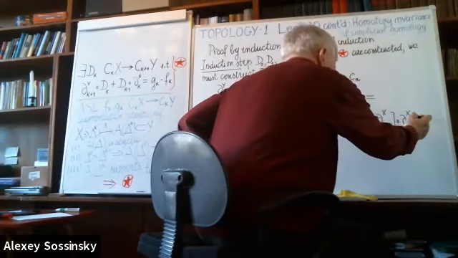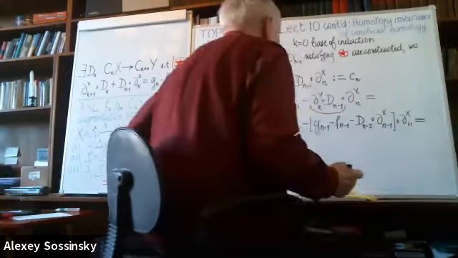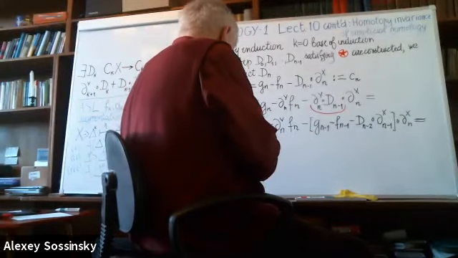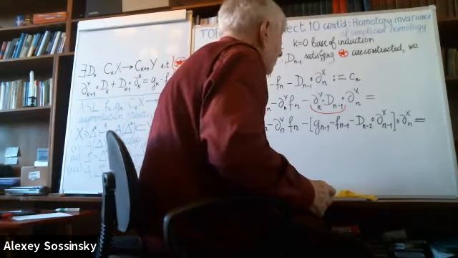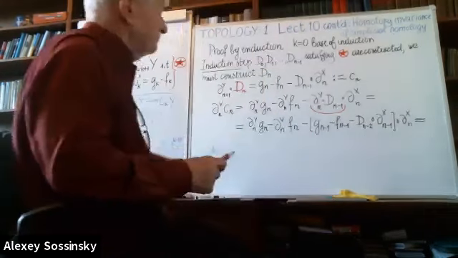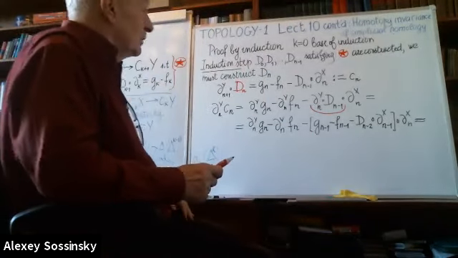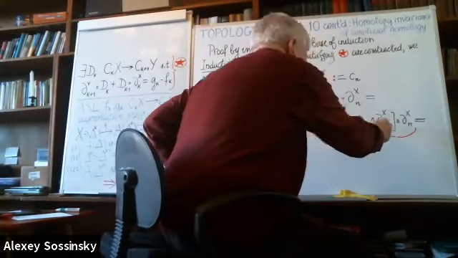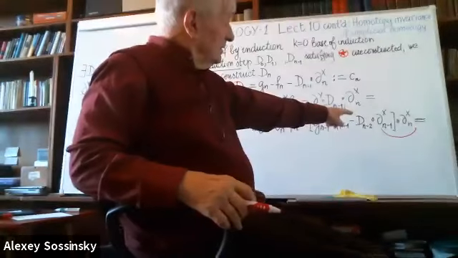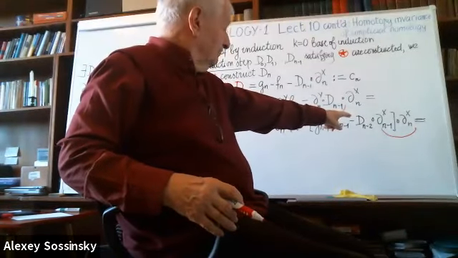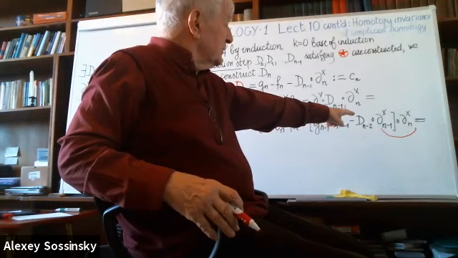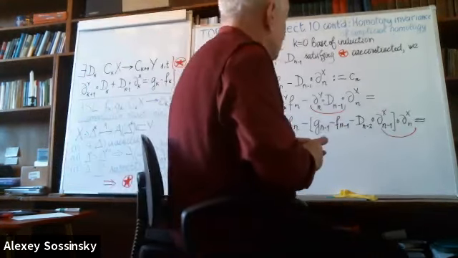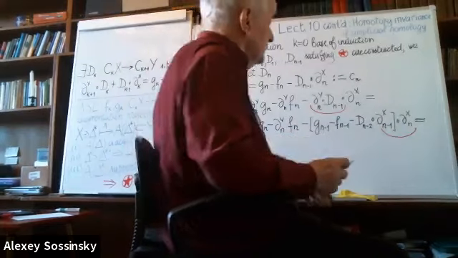And now let us look at what's happening here. Well, first of all, we have the composition of successive boundary operators. And so this is 0.